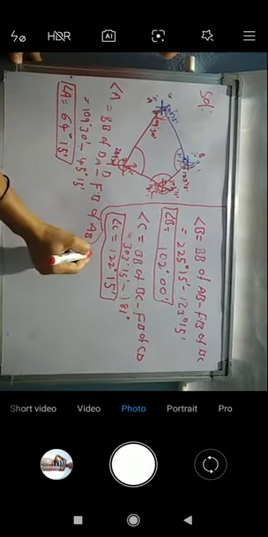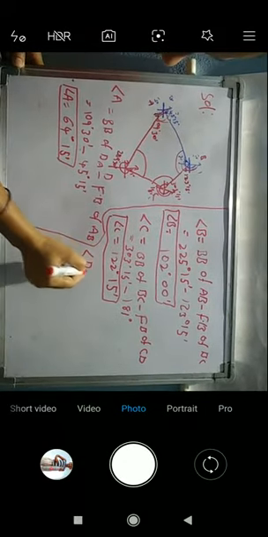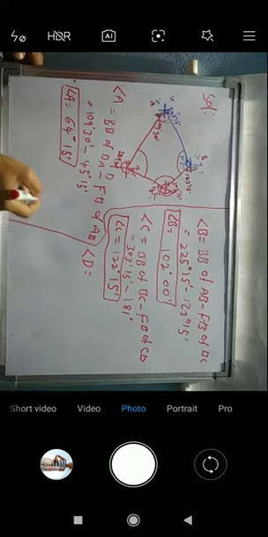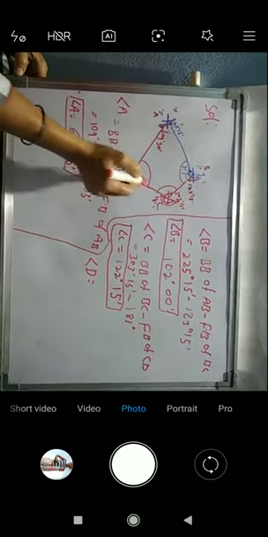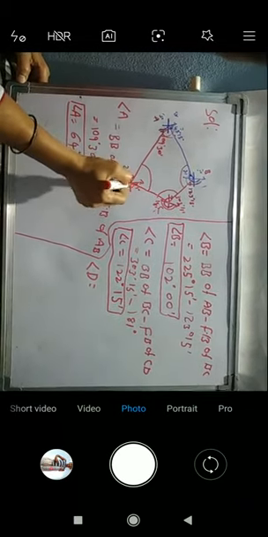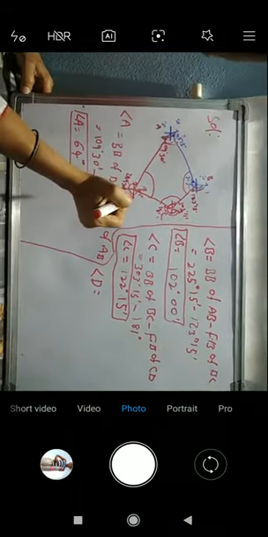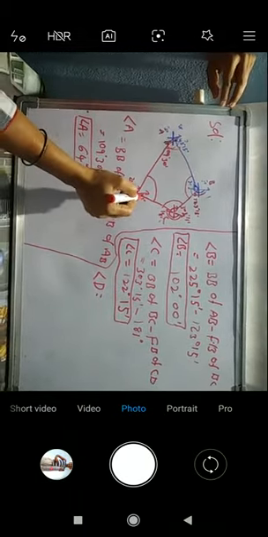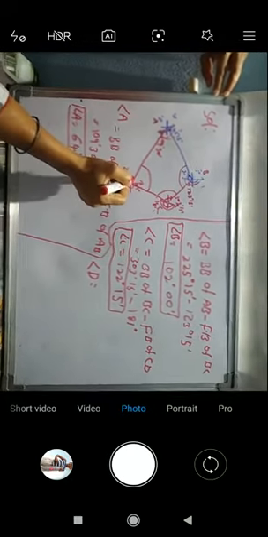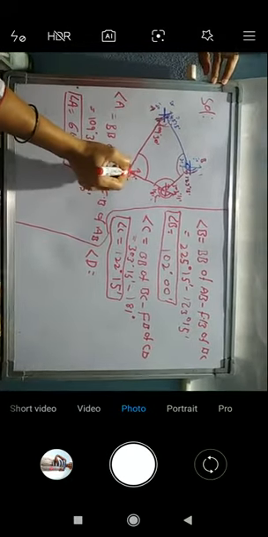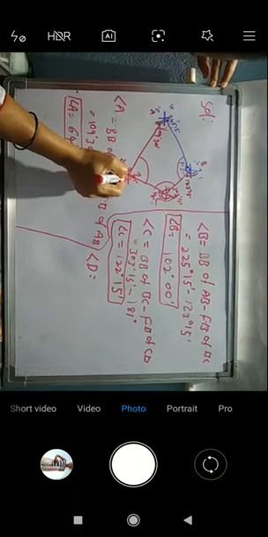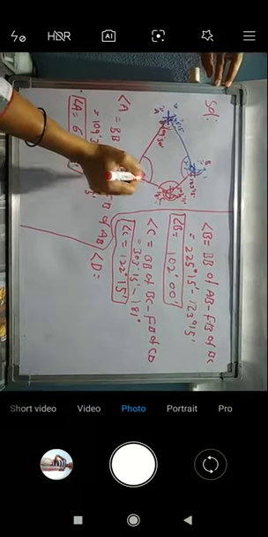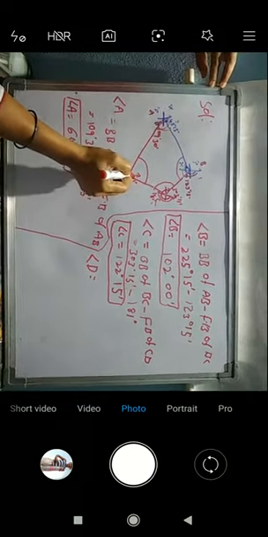Then angle D. Angle D is equal to, this one we want. This total is 360 degrees.